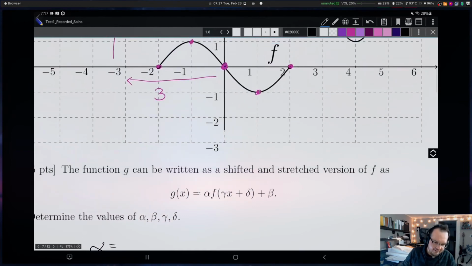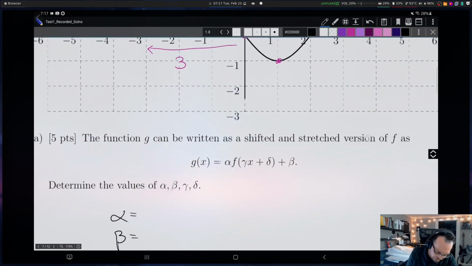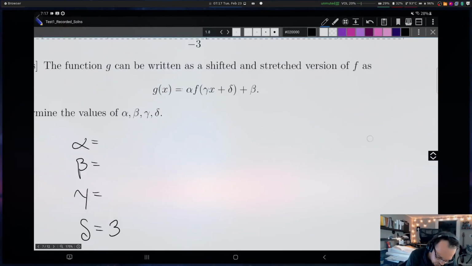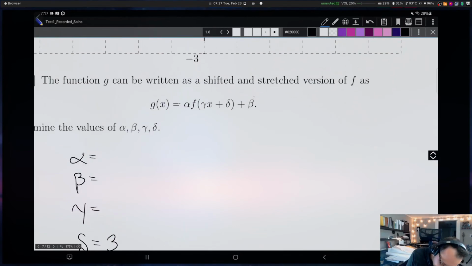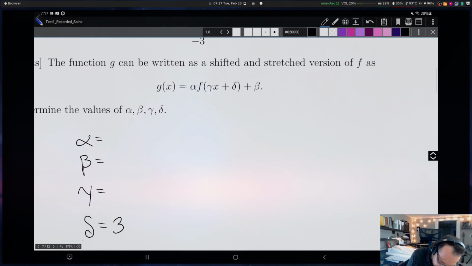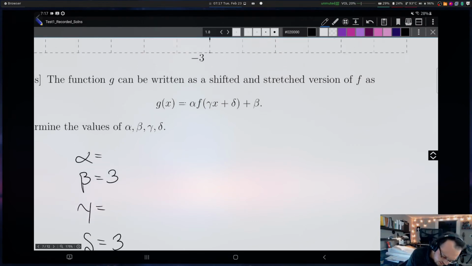You might think it's a minus 3 to the left, but it's always a plus 3 when it's horizontal. And beta is the thing we're adding on to the outputs of the function, so that's shifting us up or down. If I put in a 3, this becomes a plus 3, which gives me the upwards shift.